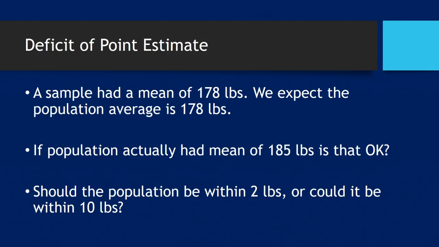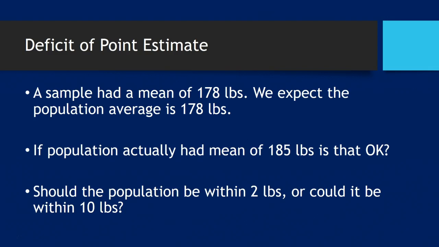Now, the downfall of the point estimate is that we don't know how close we are to the actual average of the population. So if I said a sample had an average weight of 178 pounds, and we just said we would expect the population to have an average of about 178 pounds, well, what if the population actually had an average weight of 185?